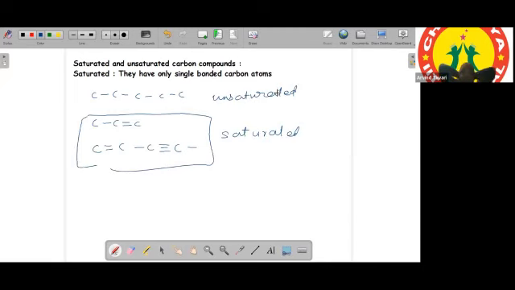So understood both of them, saturated and unsaturated. Okay. So what are the physical differences between saturated and unsaturated hydrocarbons? What are the differences in their physical properties?